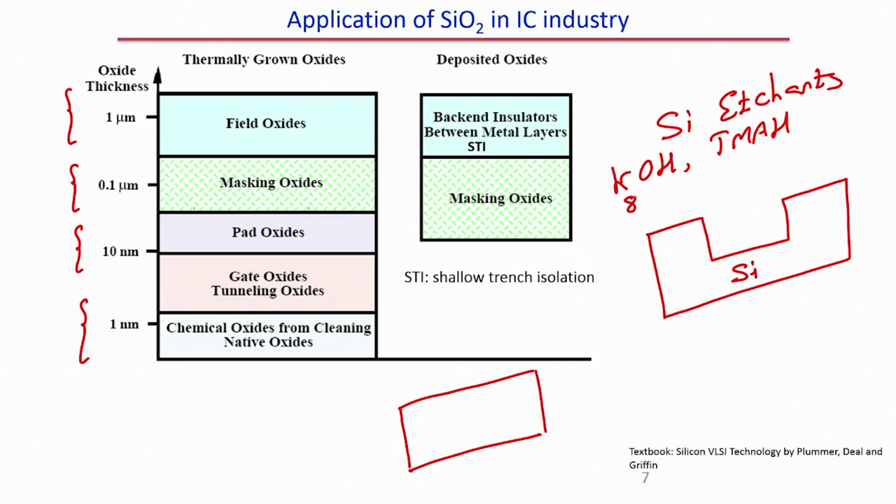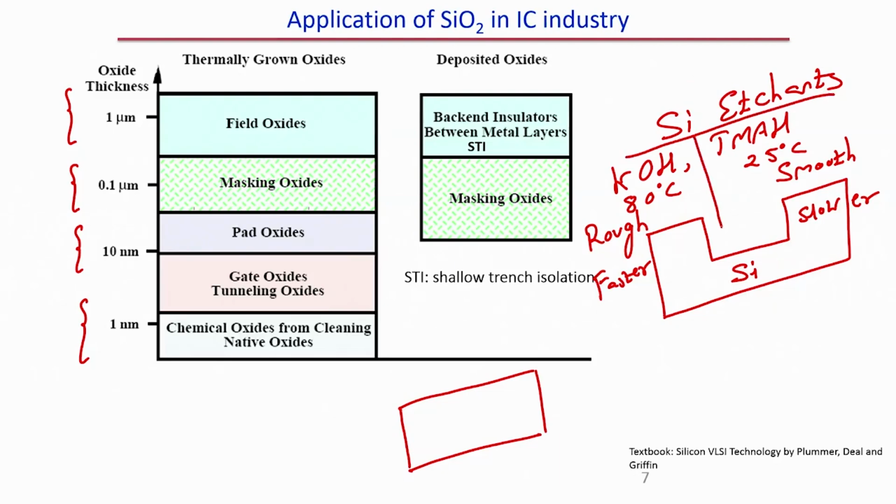KOH is generally used at 80 degree centigrade, TMAH is used at 25 degree centigrade. When you etch silicon with KOH you get a rougher surface, rough boundaries. When you etch with TMAH you get smooth boundaries. KOH is faster, TMAH is slower, right. So, these are some differences in silicon etchants, KOH versus TMAH.